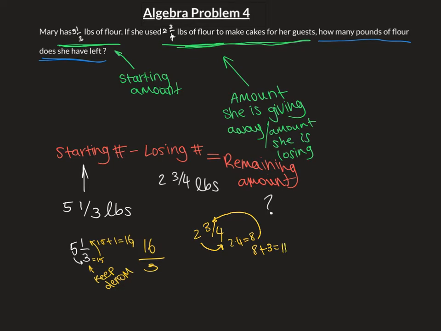And now you keep the denominator. So now you have 11 over 4. That is what 2 3/4 is equal to. And now we've created 16 over 3 minus 11 over 4. So I'm just going to erase all this.